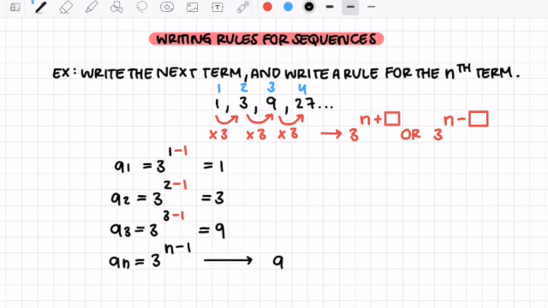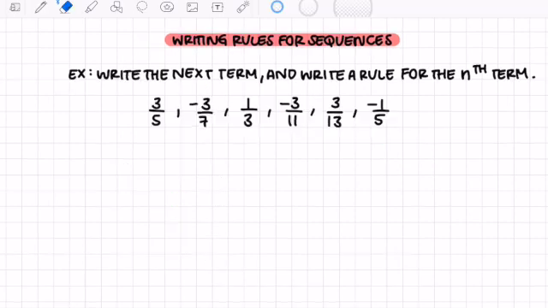So right here I have a base 5, 3 to the power of 5 minus 1 equals 3 to the power of 4, which is 81. There you go. Okay, so the next one, writing the next term and writing a rule for the nth term.